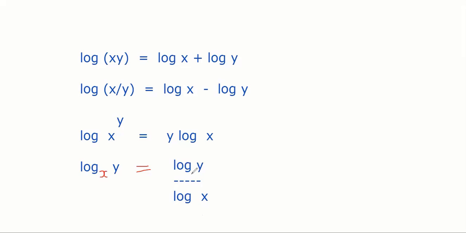Either you can say e or 10, it does not matter. Let me put a here. Any base a means that log of y to the base x is equivalent to log of y divided by log of x, both logs having the same base. These are the important properties.